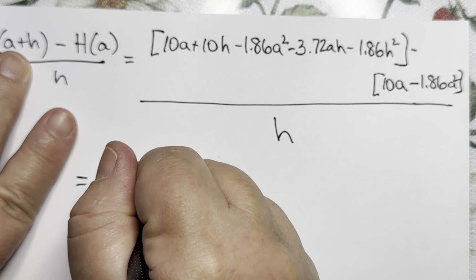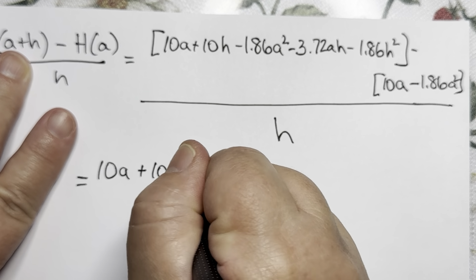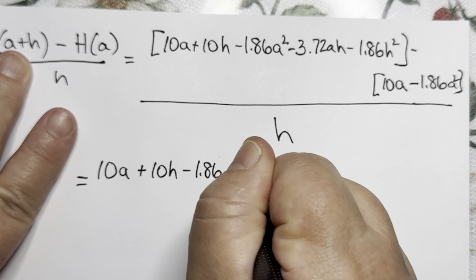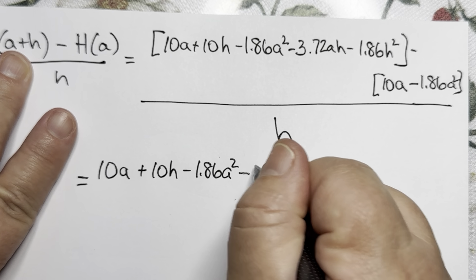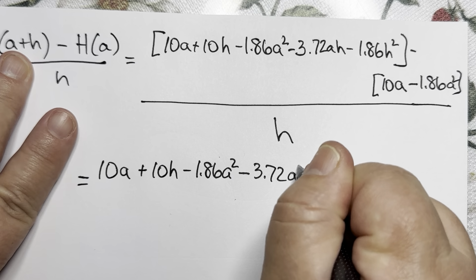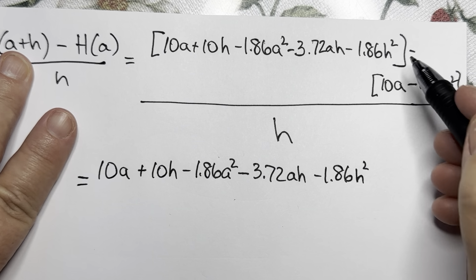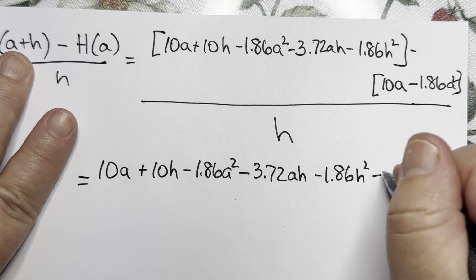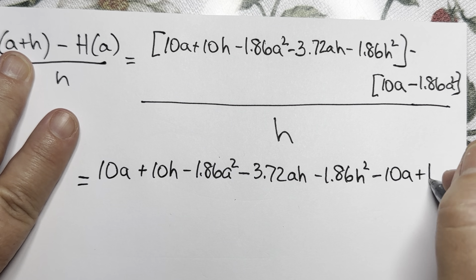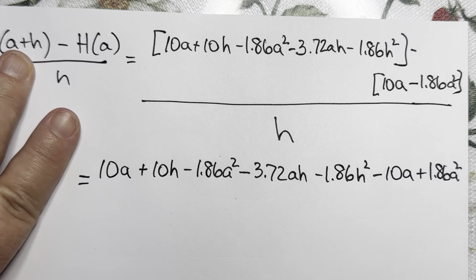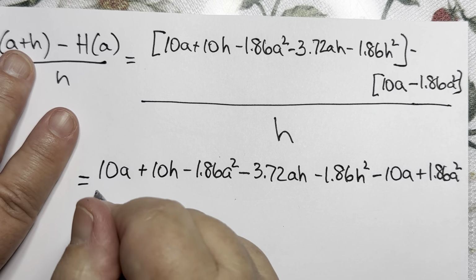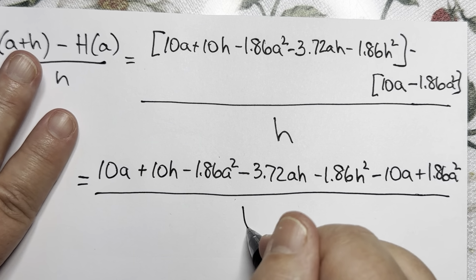Okay, let me try to give myself more room. I get 10a plus 10h minus 1.86a squared minus 3.72ah minus 1.86h squared. Then subtracting, so I'm going to change the signs. Minus 10a plus 1.86a squared. Did I make it? Yes! Just barely, all over h.